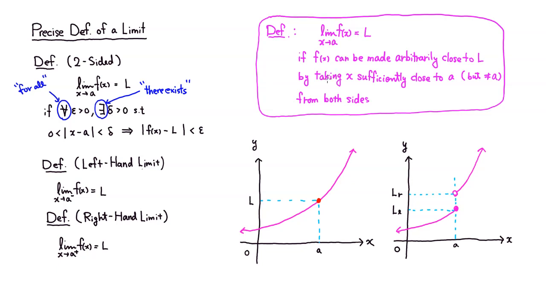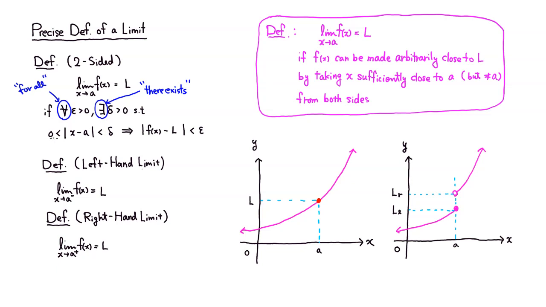Here is the translation. I'm going to go backwards. By taking x sufficiently close, how do we describe that? We look at the distance between x and a. The reason we put the absolute value is that since we're talking about the distance, we want the positive difference. So the distance between x and a is less than this small number delta.